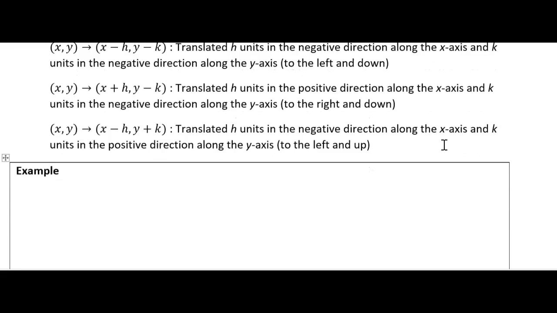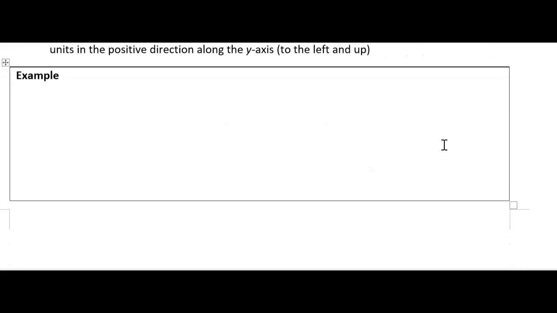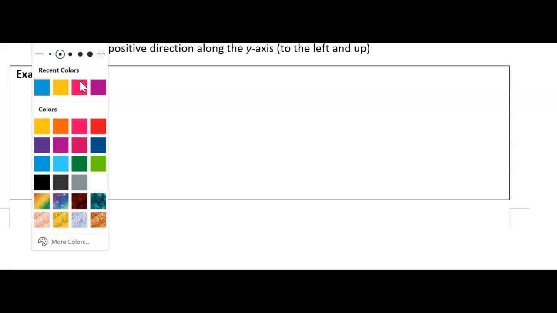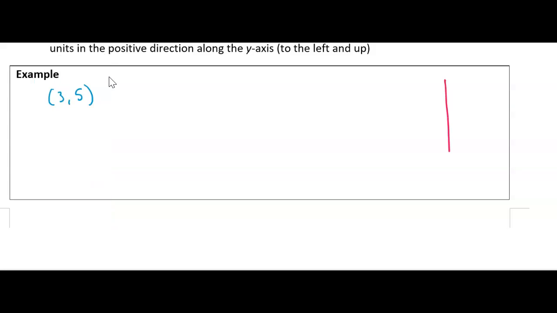I'm just going to quickly move through this because I'm trying to get this done before the bell goes for recess. Okay, so if I had a point, let's say the point 3, 5. Let me quickly draw it on a Cartesian plane. So if we had 3 and 5, here's the point.